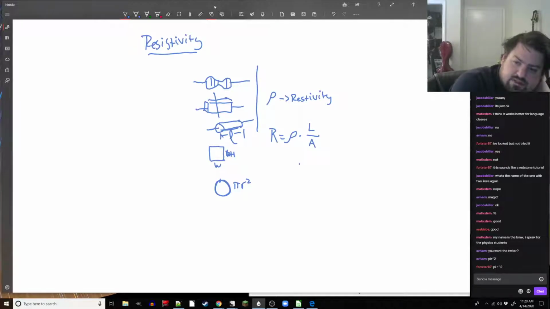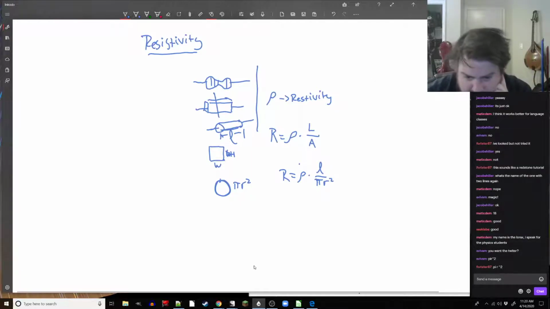So the resistance for a cylindrical resistor is going to be the resistivity from its material, we'll look up a table in a second, times the length over the actual cross-sectional area of that circle. So length over pi r squared. And that'll give you the resistance of an individual resistor made out of this material from rho.